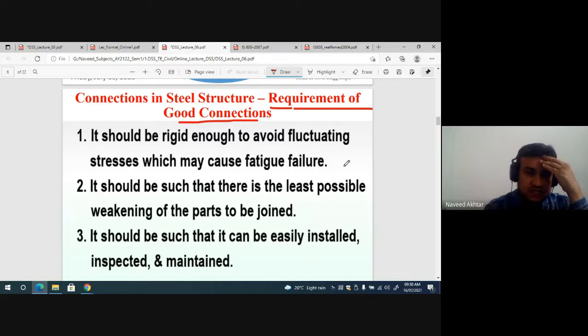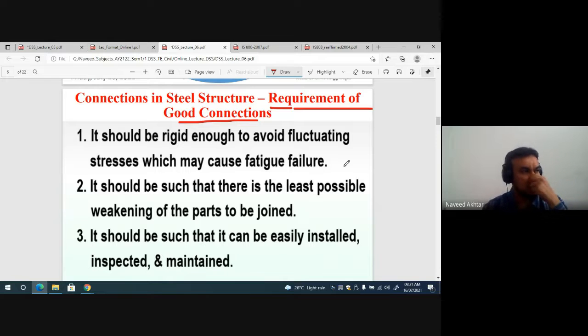It should be such that there is the least possible weakening of the part to be joined. If there is weakening of the part, then the transfer will be hampered, or maybe the failure will occur in the member due to the connections. Then it should be such that it can be easily installed, inspected, and maintained.